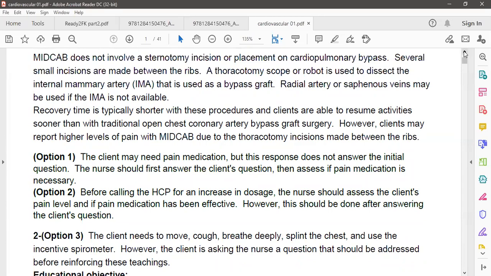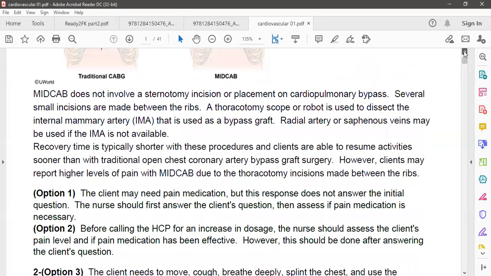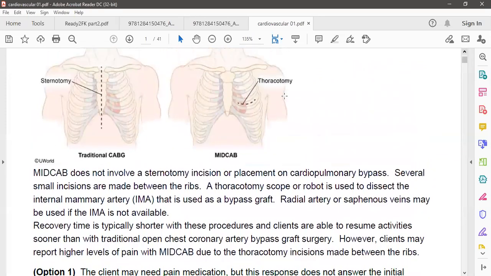A thoracoscope or robot is used to dissect the internal mammary artery. If we cut the sternum, these are bones, which is more painful to cut. It's called a sternotomy incision. But nowadays we go for thoracotomy. It is easier than this, less complicated.